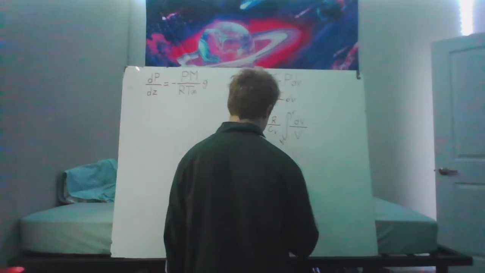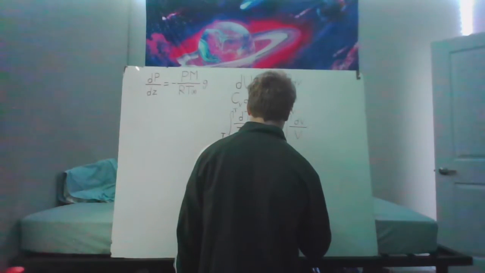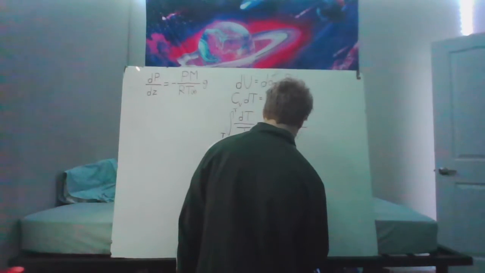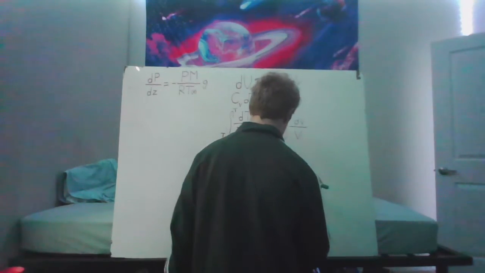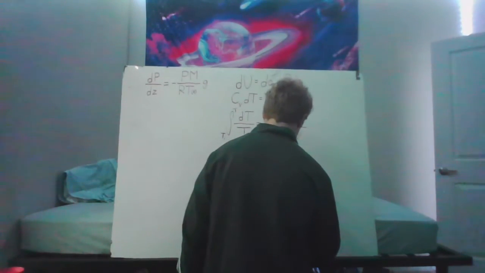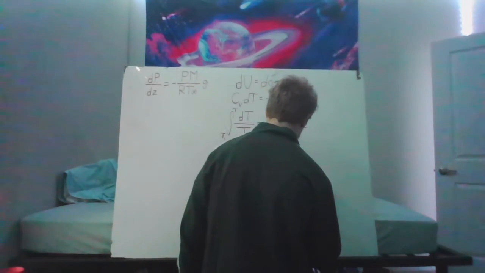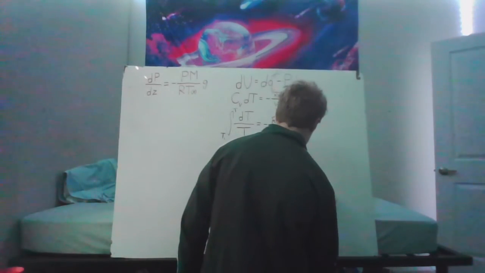So we will have T1 over P1 over T over P, which would also be T1 over T times P over P1.